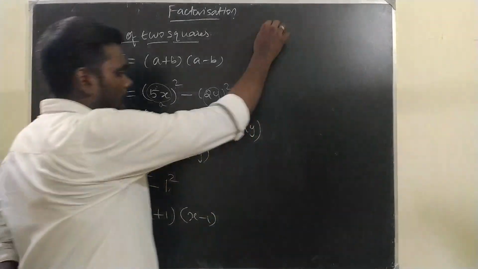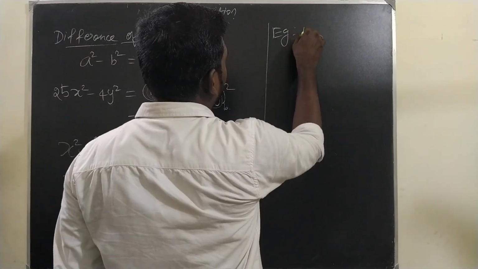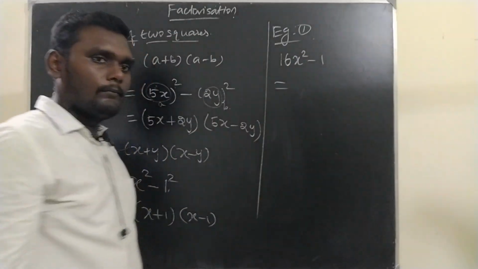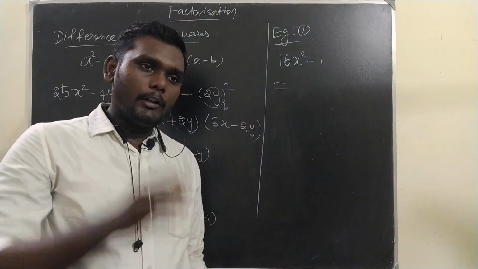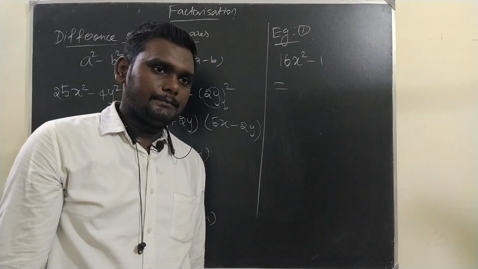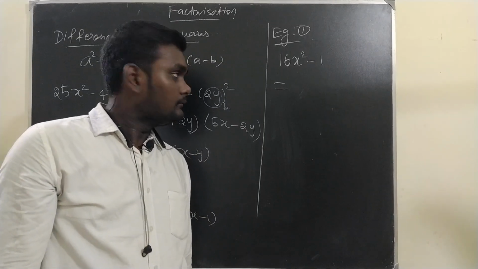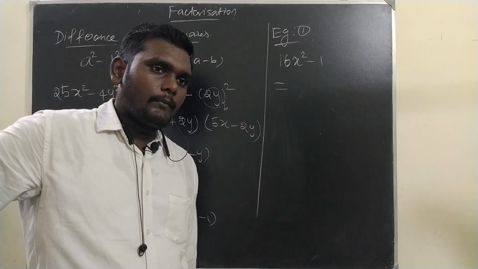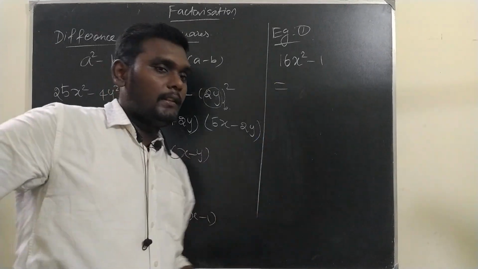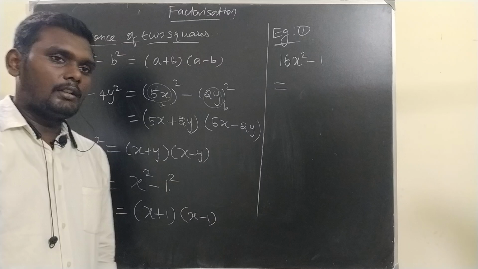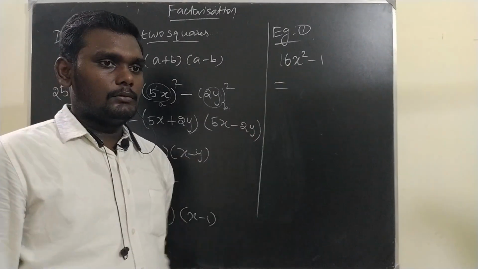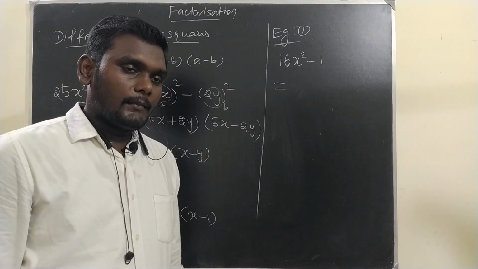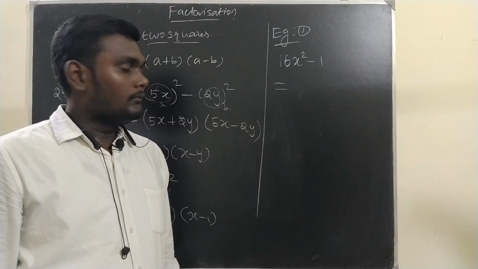Can you guess what would be the factorization of 16x square minus 1? Remember, I told you to memorize all the squares up to 25. Sixteen is which number's square? Then 16x square can be written in this form as a square for these two. Done.